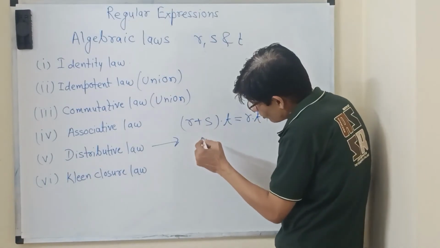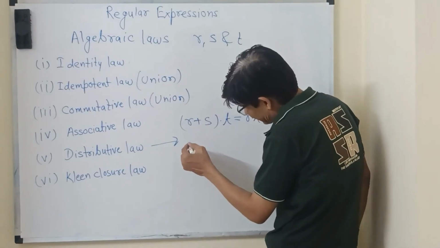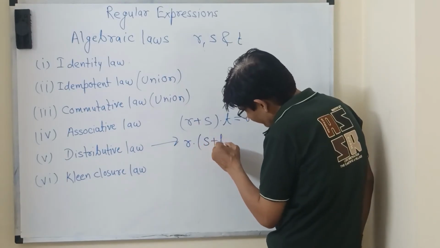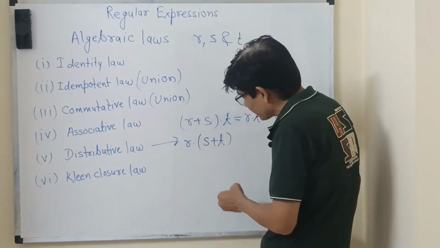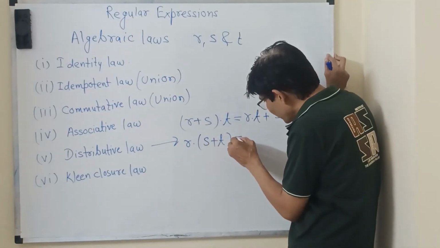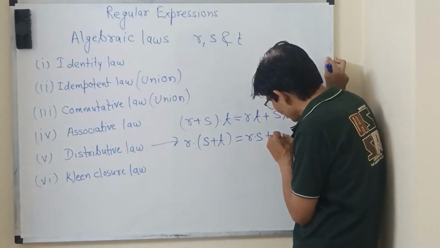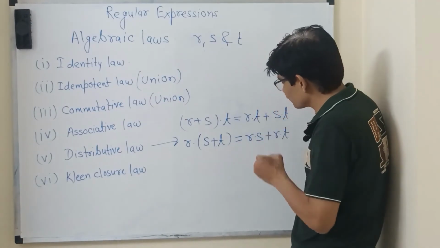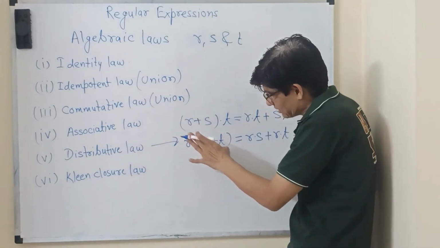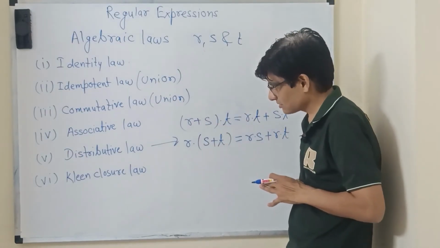In another way, R dot, S plus T: now we are concatenating R with the union of S and T. So it would be equal to R dot S plus R dot T. This holds true as well. So the distributive law is applicable to regular expressions in this way.